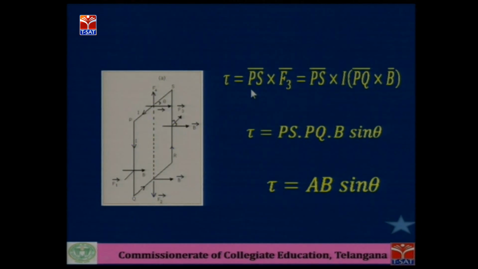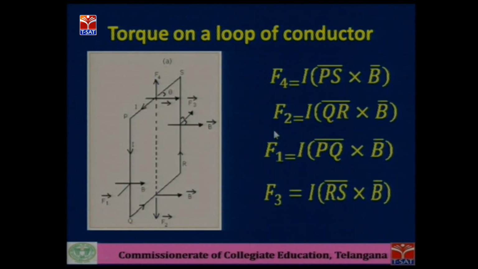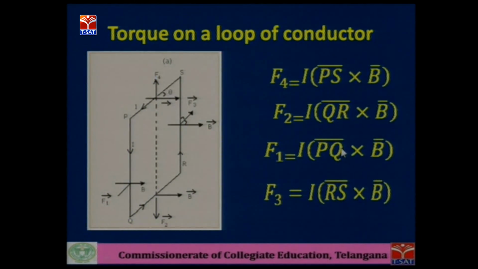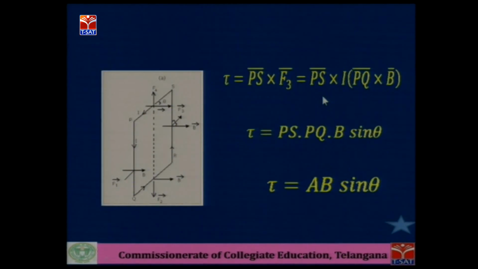So PS cross F3, and in the previous slide we calculated F3 is equal to I into RS cross B. F3 or F1, both are equal, so whether we take RS or PQ, it does not matter. So either of these two forces and the perpendicular distance between them.